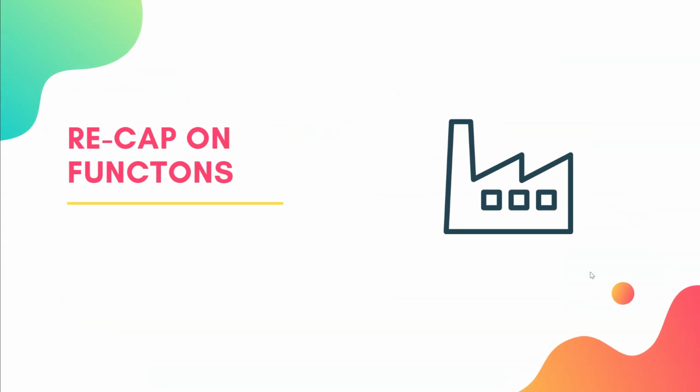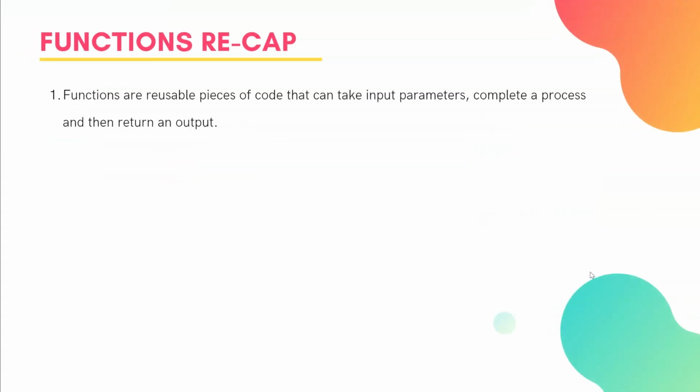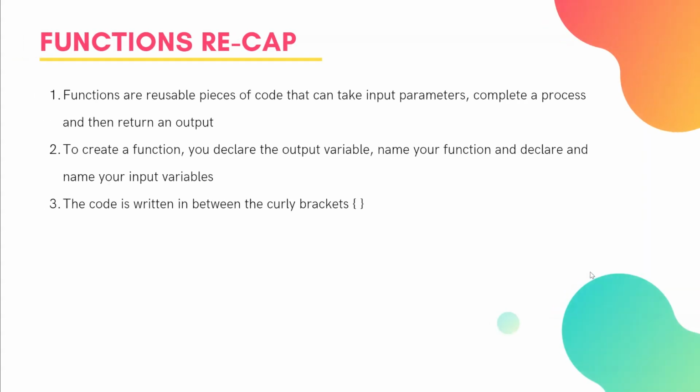So we'll just do a quick recap on functions then, so we cover and remember what we did last time. Functions are reusable pieces of code that can take input parameters, complete a process, and then return an output, a bit like a factory. To create a function, you declare the output variable type, you name your function, and you declare the type and name of your input variables, which are also called parameters.